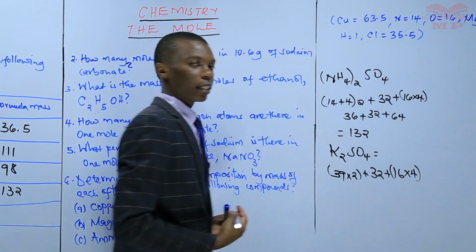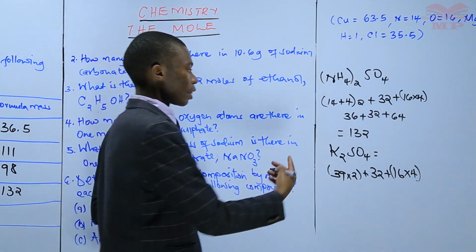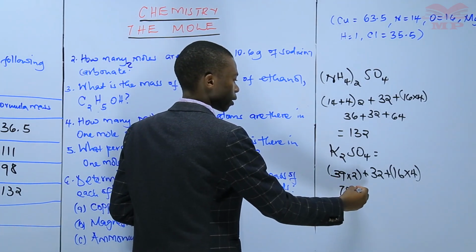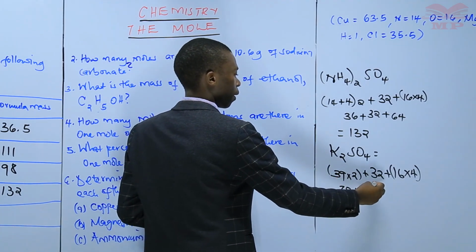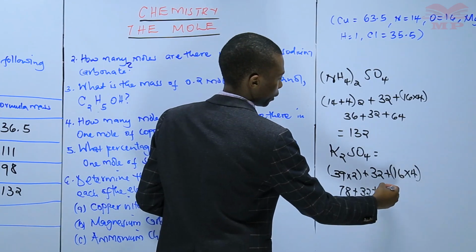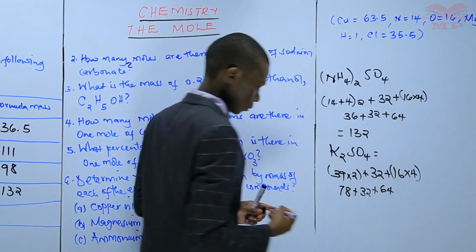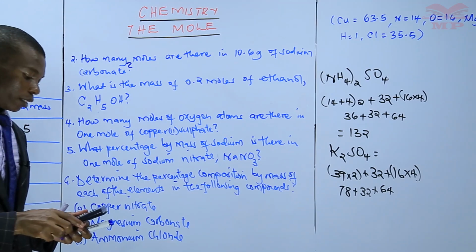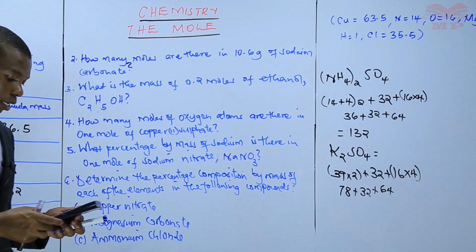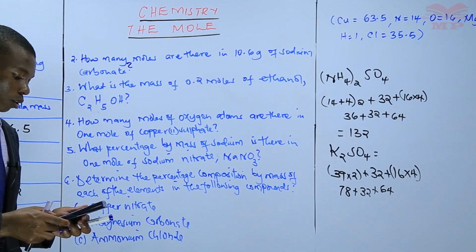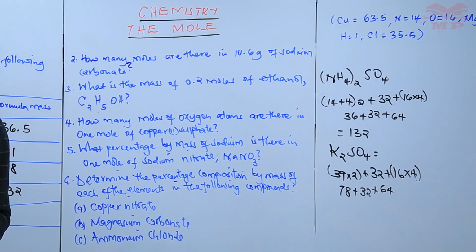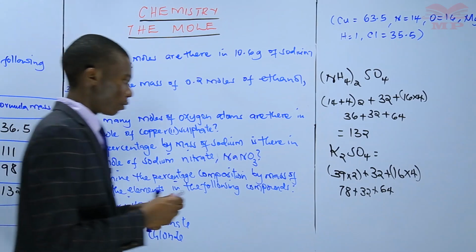Therefore, 16 times 4. 39 times 2 is 78, plus 32, plus 16 times 4 is 64. Therefore, this will be 78 plus 32 plus 64, which is equal to 174.